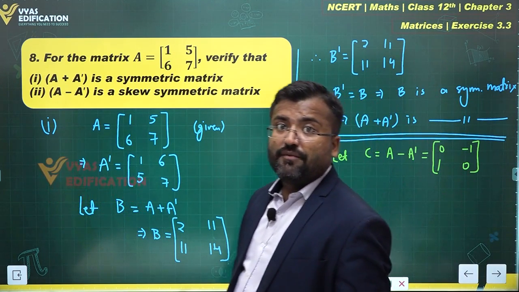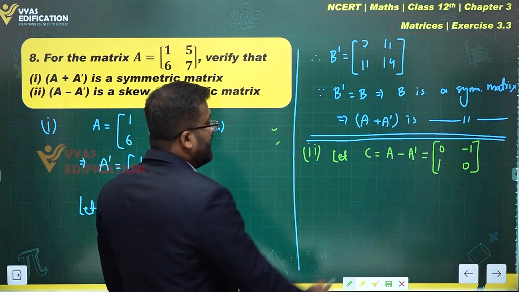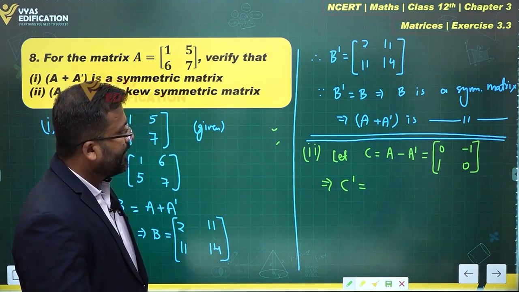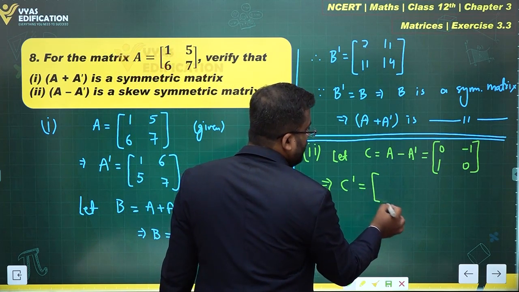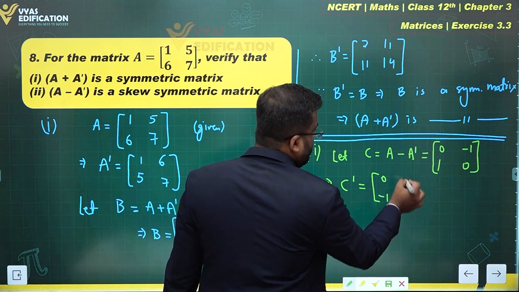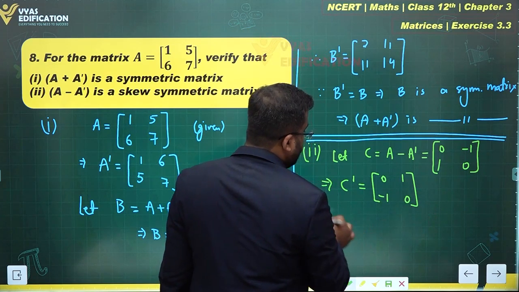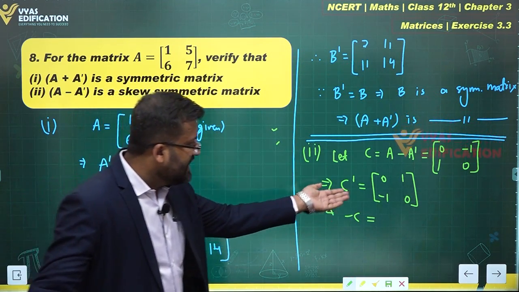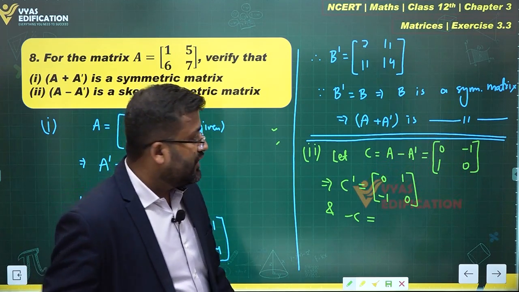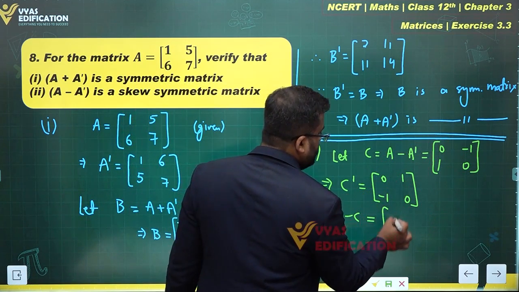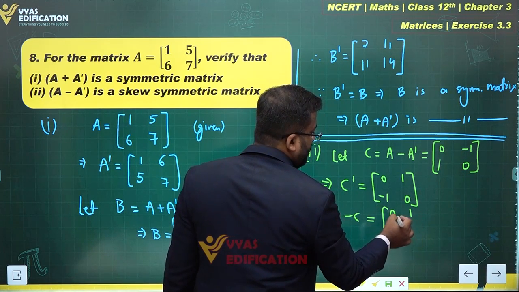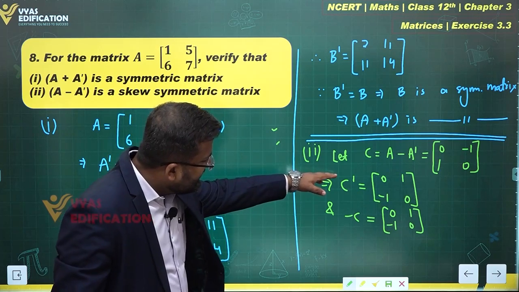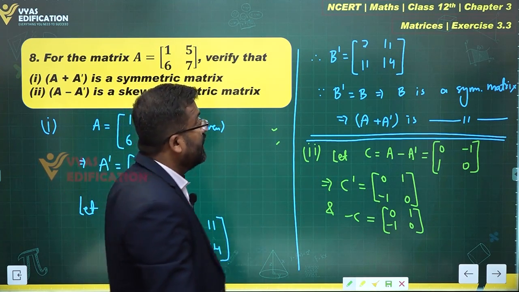This is matrix C. And once I have C, C prime would be equal to what? C prime would be 0, 1, minus 1, 0. And what is minus C equal to? Since we are looking for skew symmetric, we'll have to find C prime and minus C and check whether they are equal or not. So minus C is equal to 0, minus of minus 1 will become 1, 1 times minus 1 will be minus 1, and this is what I obtain. And you can clearly see that C prime and minus C are equal.